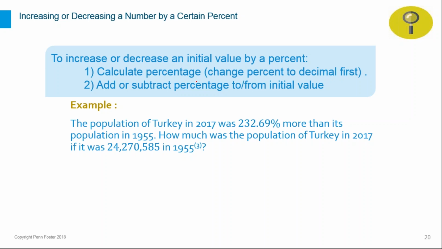So again, let's graph that. I have the population in 1955. That is the group of people there. And then there has been an increase. It's the percent, 232.96%. And it brought us to the end. So this is the initial, and this is the end, 2017.